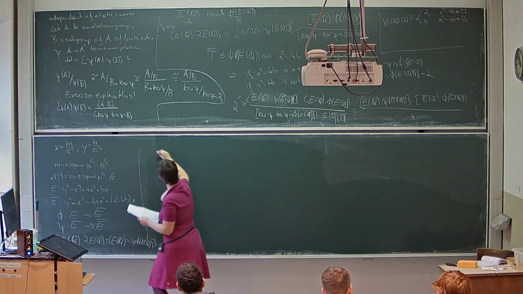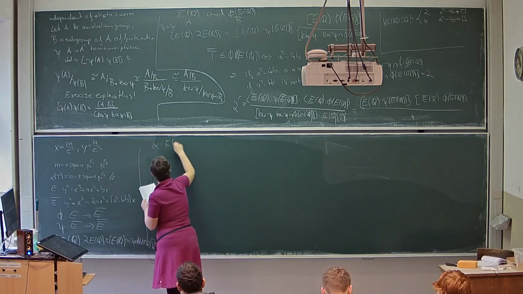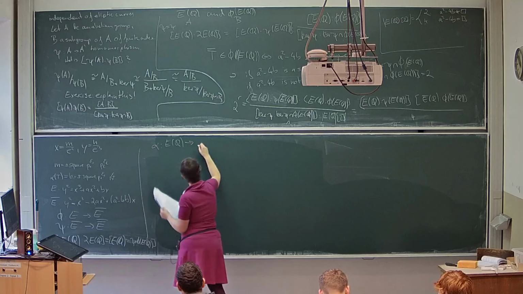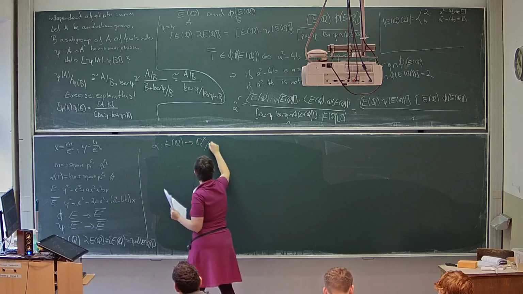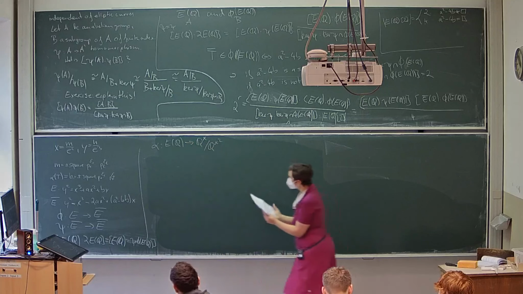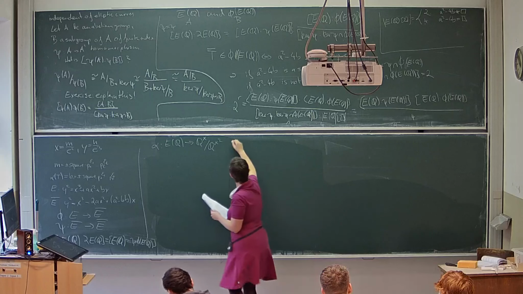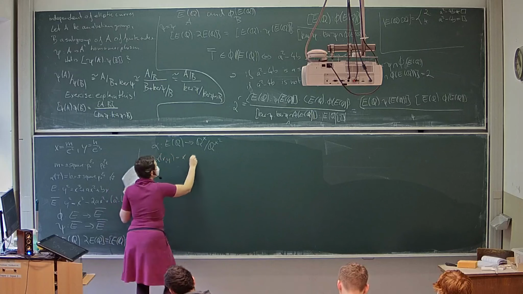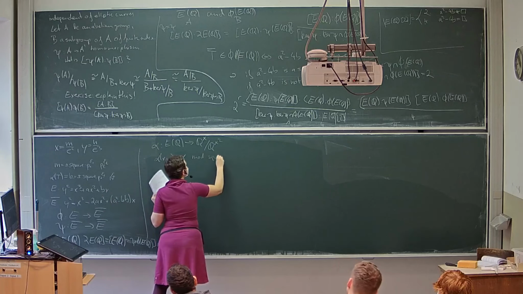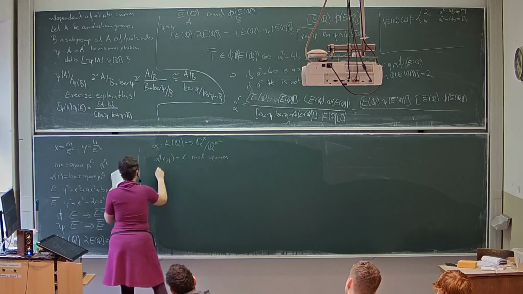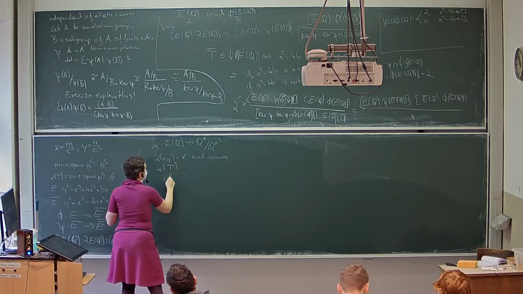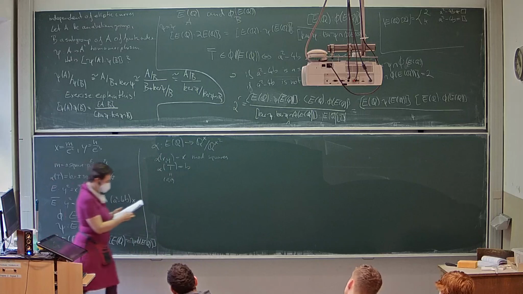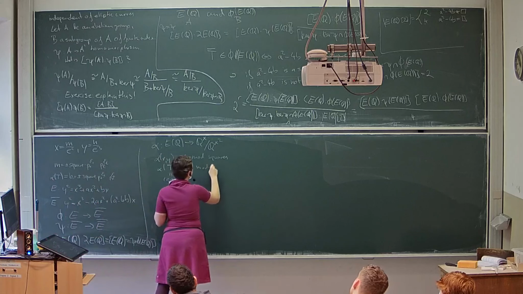So this alpha was such that it goes from the rational points to the rational numbers modulo squares, and we had that alpha of (x, y) was x modulo squares, and alpha of t, the point (0, 0), was b, where this is this b, modulo squares.